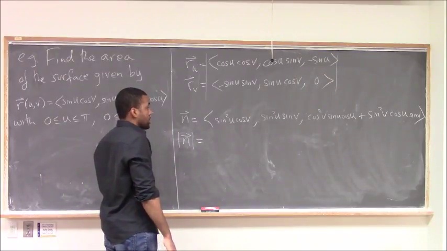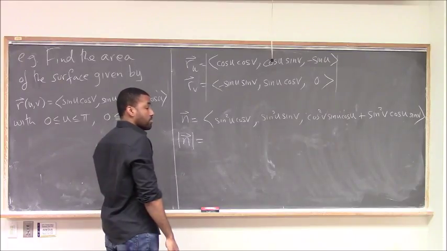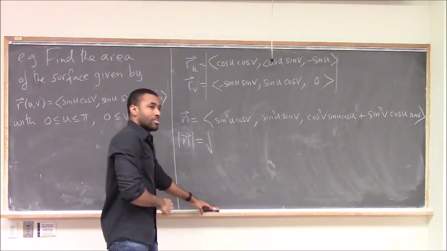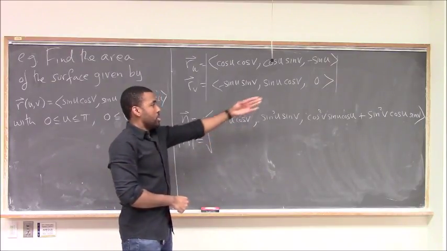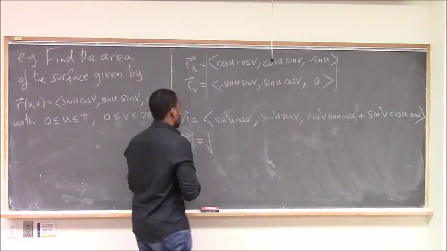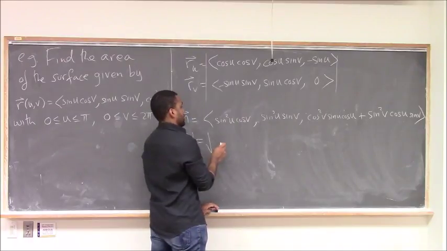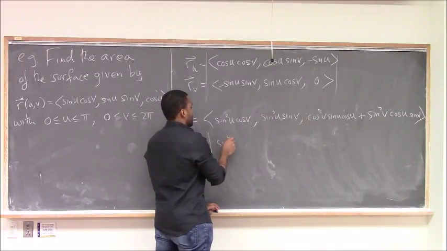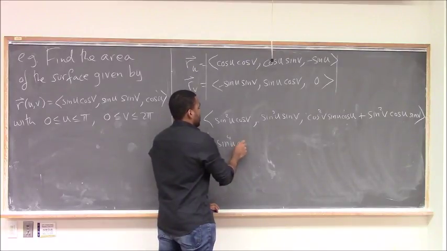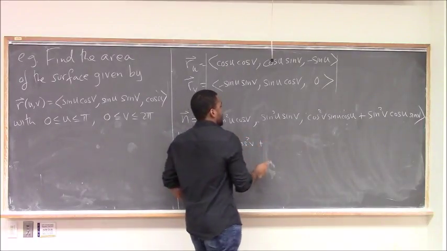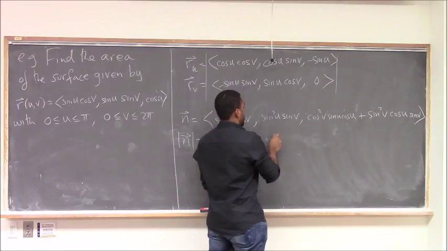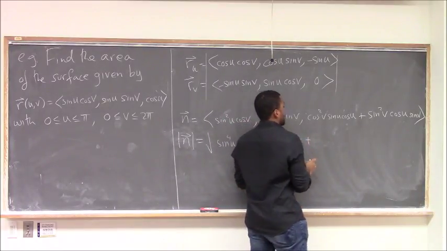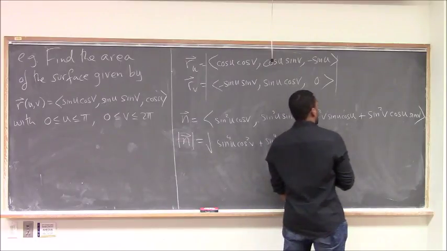Okay, magnitude. It's going to be this square plus this square plus this square. So what is that going to look like? This square is sine fourth u cosine squared v plus sine fourth u sine squared v plus, what's this one going to be?